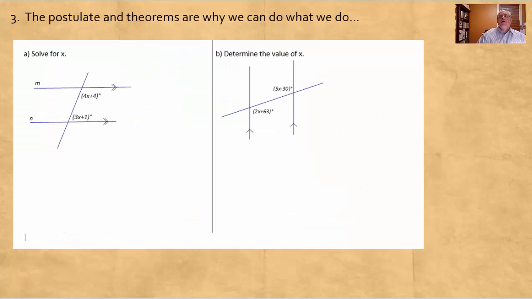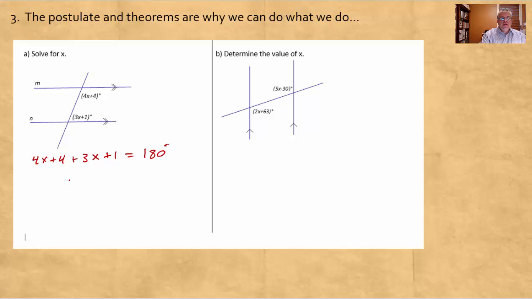Now, just a little comment. These proofs and the postulate are why we can do what we do when we solve problems like these. We're kind of using these theorems without even thinking about it. So here, we're supposed to solve for x. Well, we have to use the fact that the same side interior angles are supplementary. That's the postulate. So whenever we solve problems like these, we're actually using those theorems.